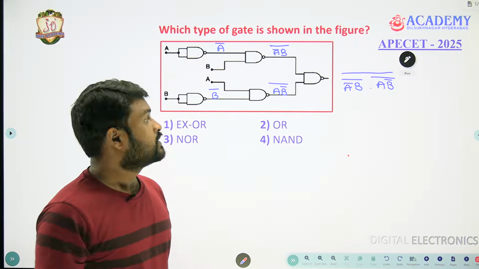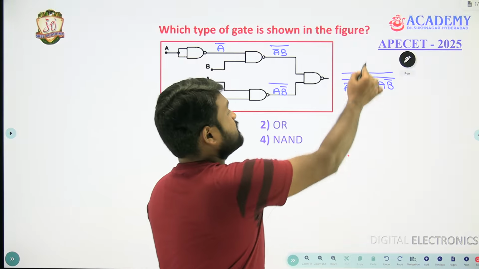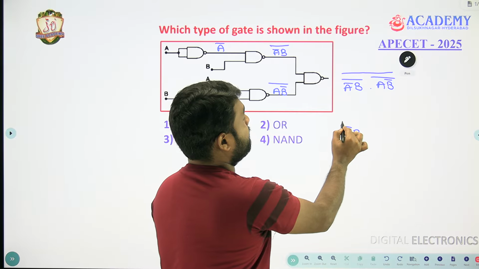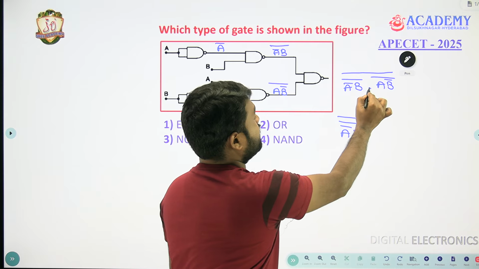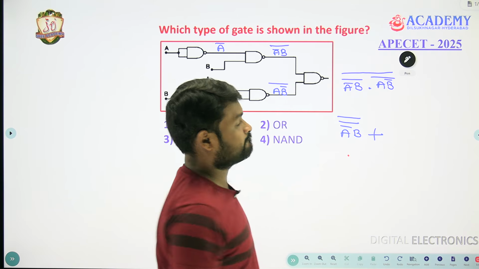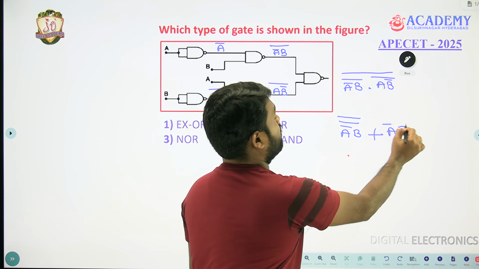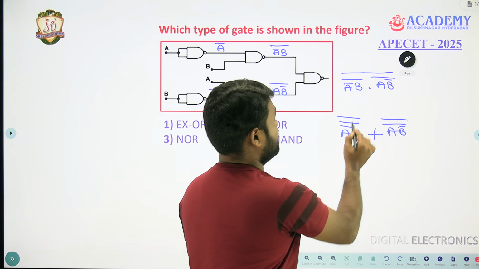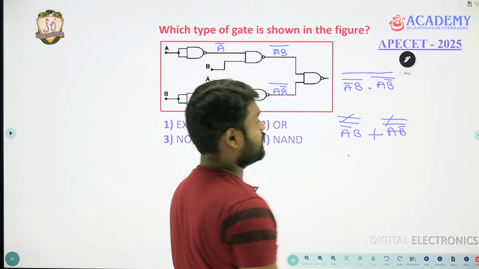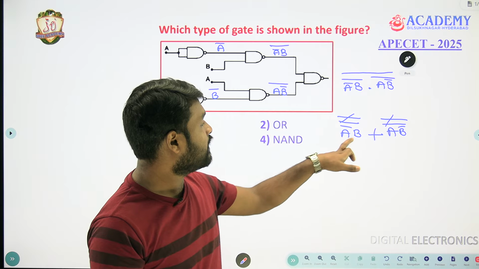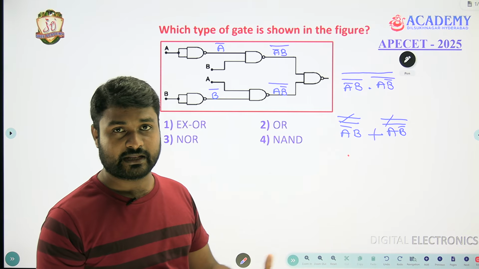So now using De Morgan's law, I am splitting the above bar, then it becomes A bar B bar whole bar, this dot is becoming plus, then this is A B bar whole bar, whole bar. This bar and bar jump, this bar and bar jump, both NOT gates jump, then you got A bar B plus A B bar, which is B bar A.